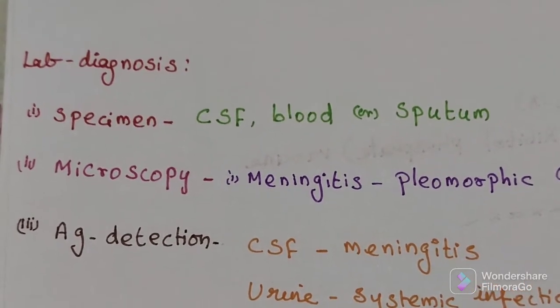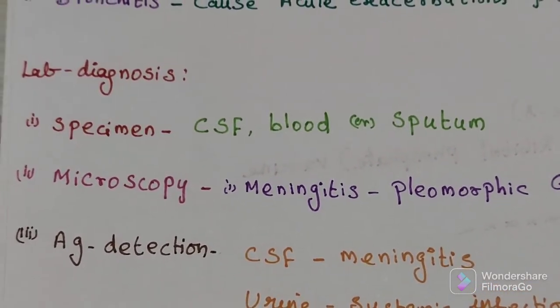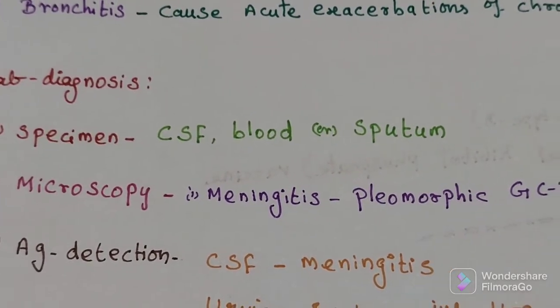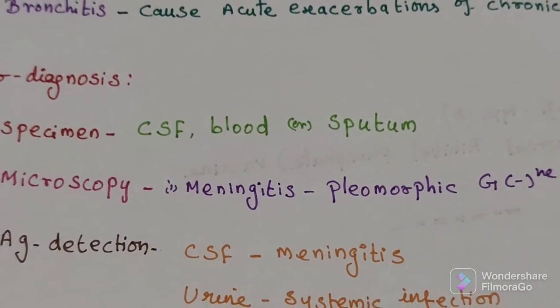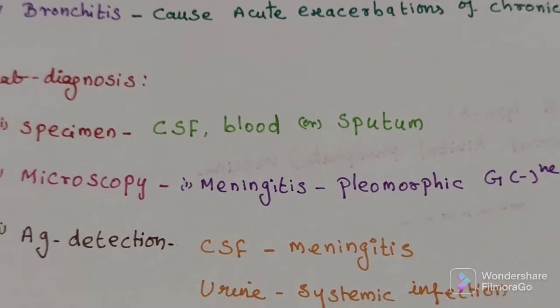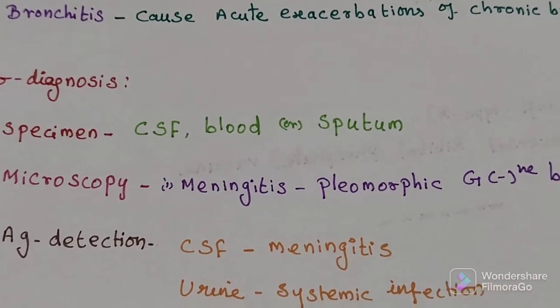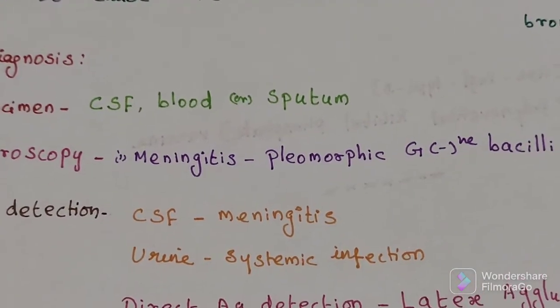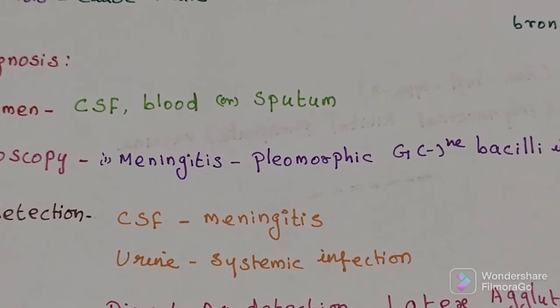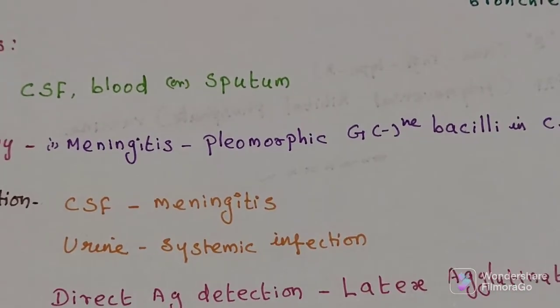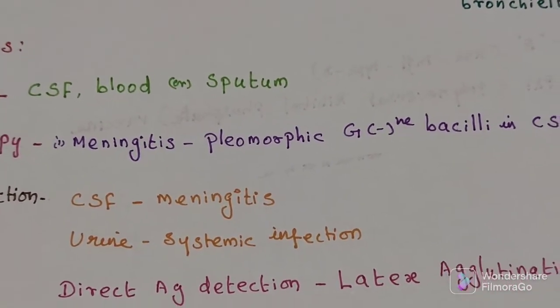Moving to laboratory diagnosis. Specimens collected include CSF, blood or sputum, depending on the site of infection. Microscopy: in the case of meningitis, pleomorphic gram-negative bacilli are visualized under the microscope in CSF.